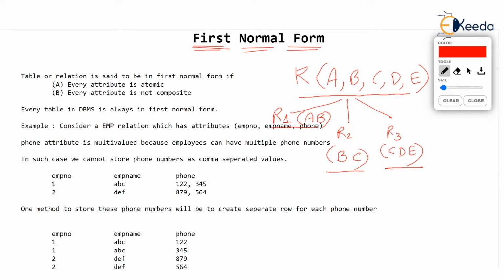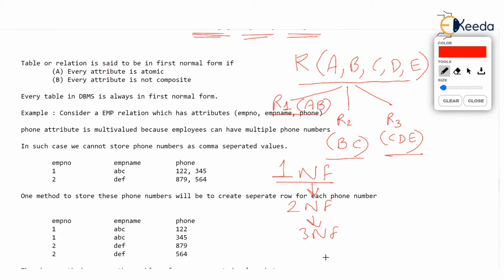First, we will see the first normal form: how is a table in the first normal form? From there, we will see the second normal form, then the third normal form, and finally a normal form known as BCNF. Our ultimate goal is that our table should be in BCNF, because this is the best normal form.